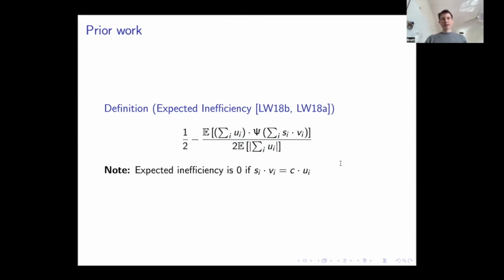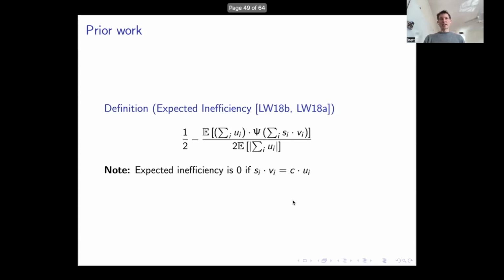And the thing to notice is that the expected inefficiency is basically going to be 0 if everybody votes a constant times their utility. So you want everybody to vote essentially exactly proportional to their utility in this model where everybody has perfect information.